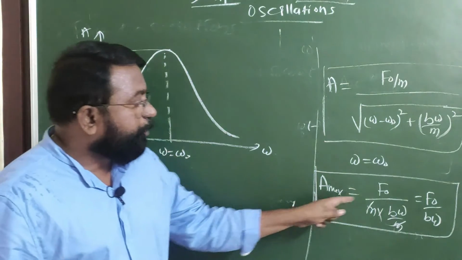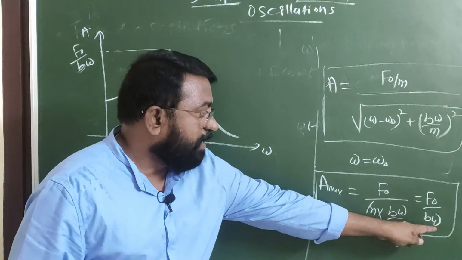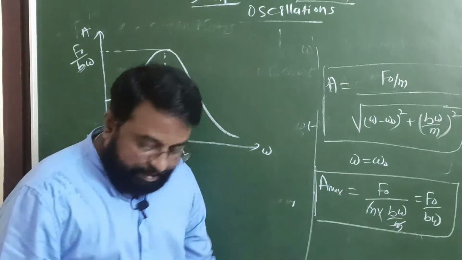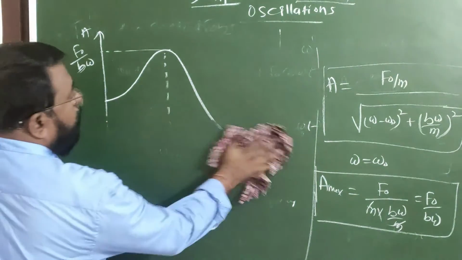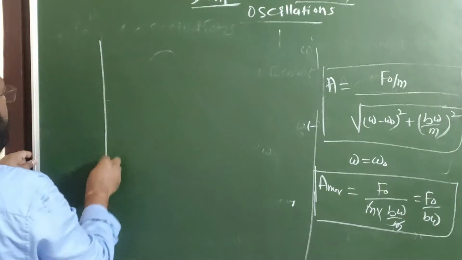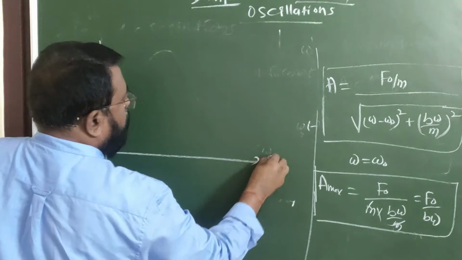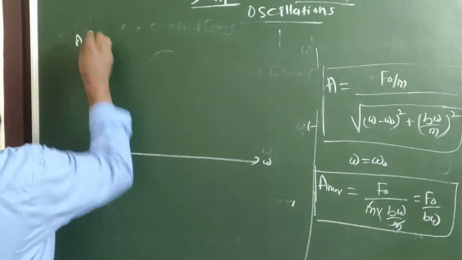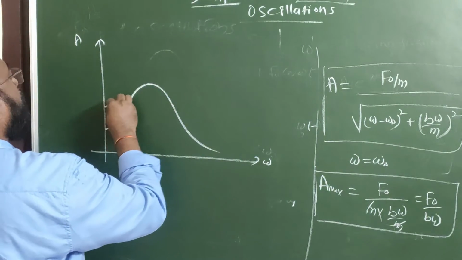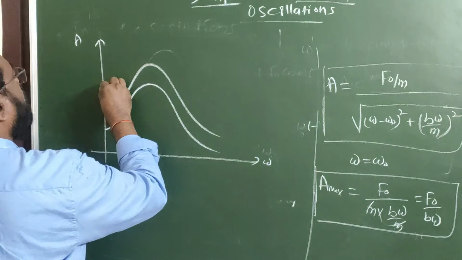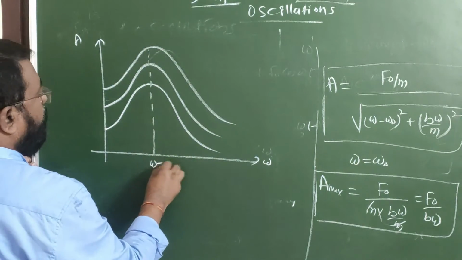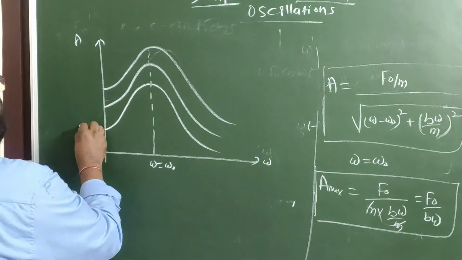Here the maximum amplitude depends on b. When F naught and omega are constant, A max depends on b, therefore it is inversely proportional. For example, if you draw A max for different b, see here, this is omega, amplitude, and this is omega is equal to omega naught.